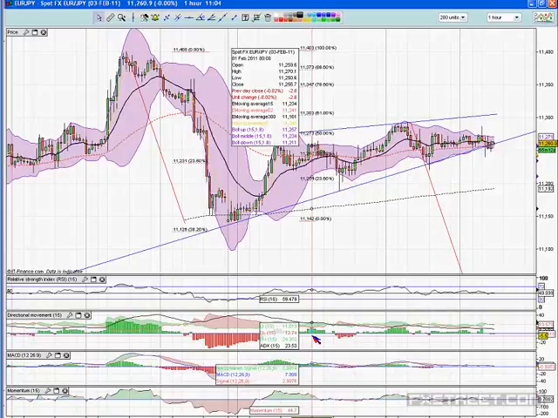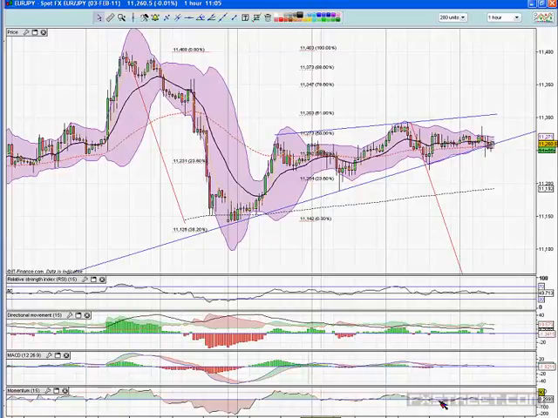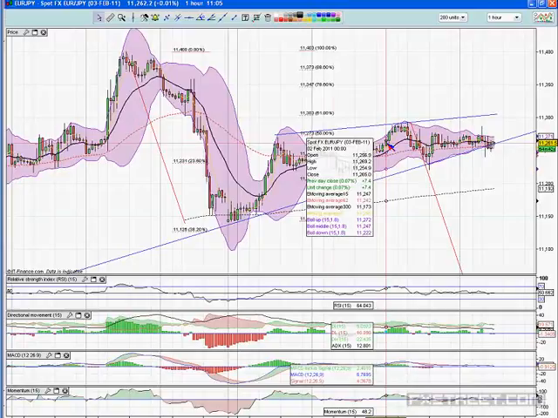When I'm in a trend, I want to see the momentum indicator moving aggressively in the same direction as the trend. I don't want it flatlining like this. This is showing that this whole move has no momentum. MACD shows there's no momentum. These are chopping sideways. RSI is flat on the 50 line, so we can see that this trend is weak.